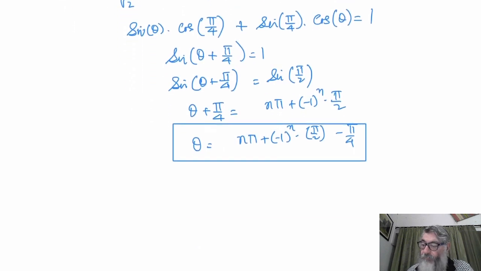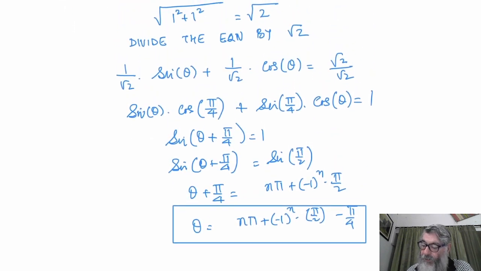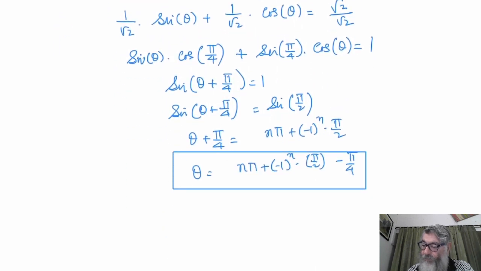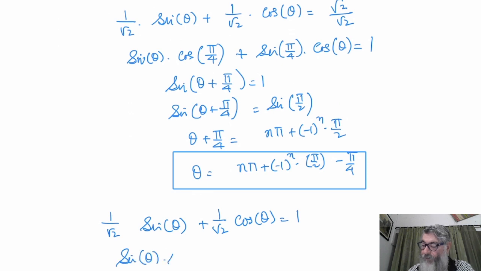But I could have taken 1 upon root 2 sine theta plus 1 upon root 2 cos theta is equal to 1, and I would have written, instead of cos pi by 4, sine theta sine pi by 4 plus cos pi by 4 cos theta is equal to 1.